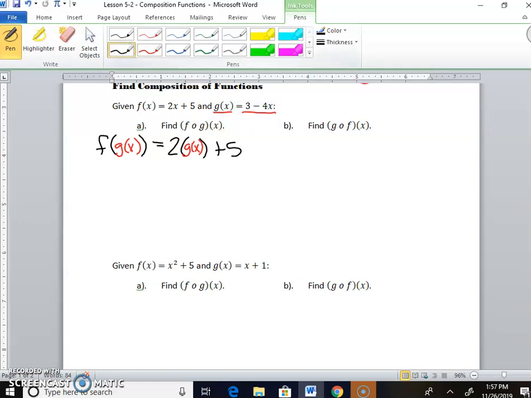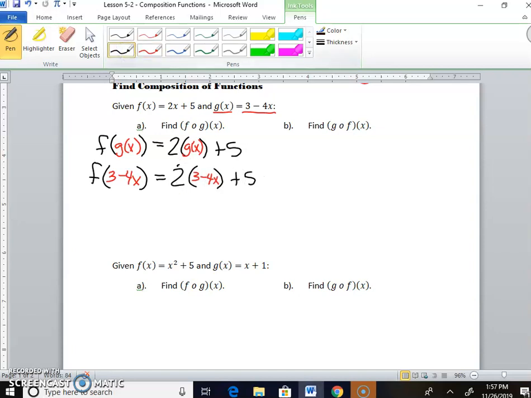So I'm going to be plugging in 3 minus 4x here, and that means I've got to plug it in over here as well. Just like with our functions, we aren't going to do anything over on this side of the equation. All we're going to do is simplify over here on the right.